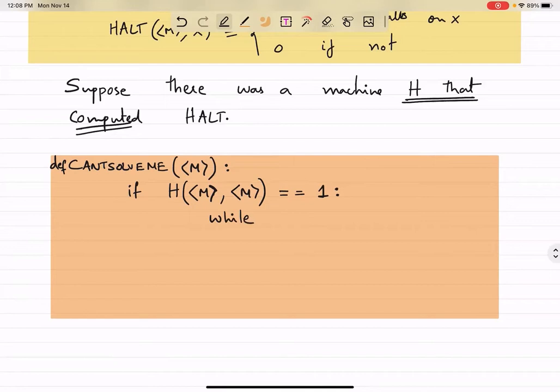So if it halts, I'm just going to do while true, just some dummy statement. So if H says M halts on itself, I'm going to go into a loop.